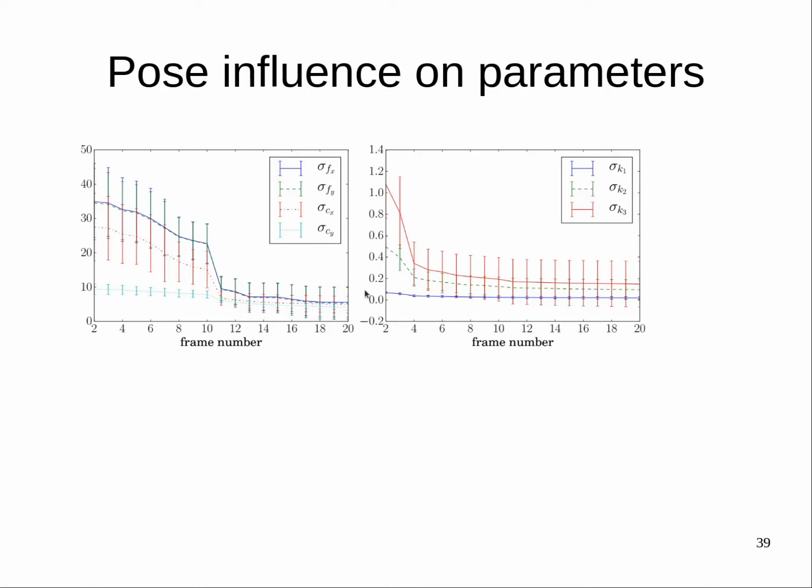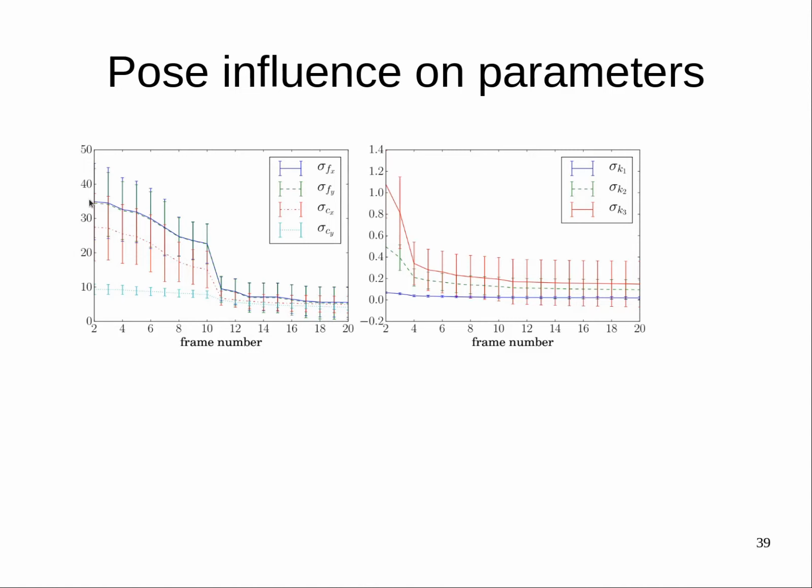What you see here is the variance of the individual parameters. On the left side, these are the focal length and principal point, the intrinsic parameters K, and these are the lens distortion parameters K1, K2, K3, the parameters of the distortion function delta. And on the x-axis, you see a series of images being captured.